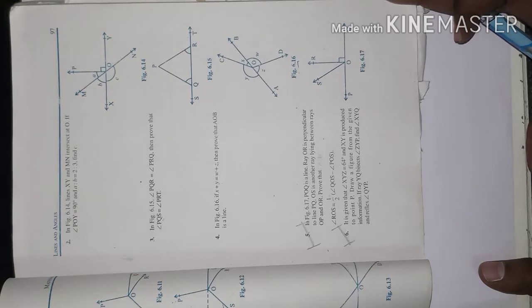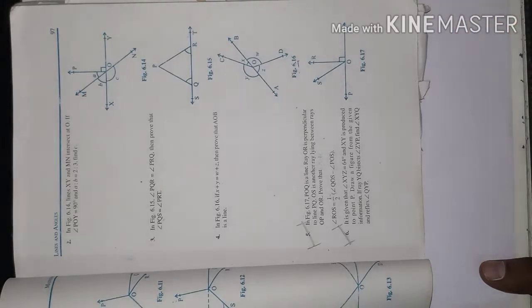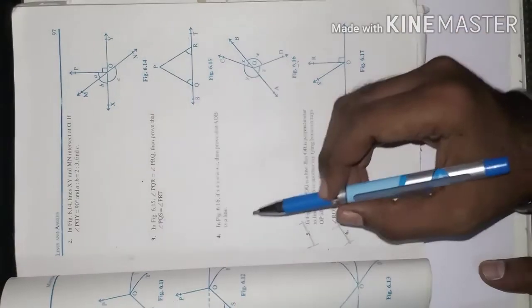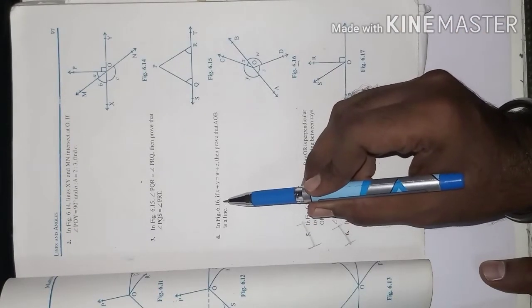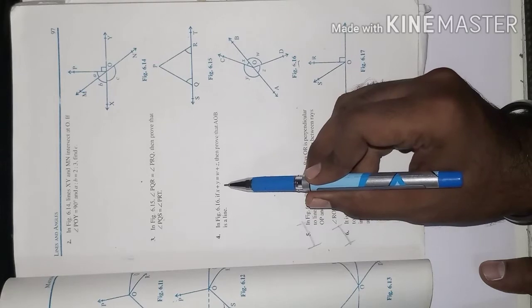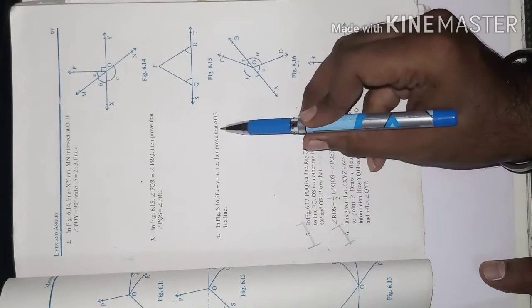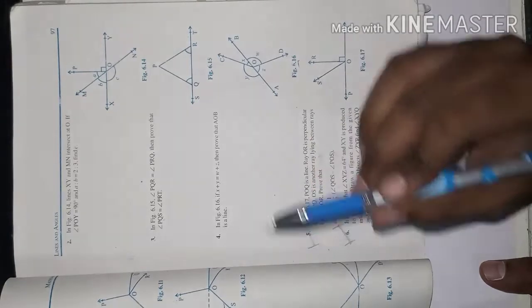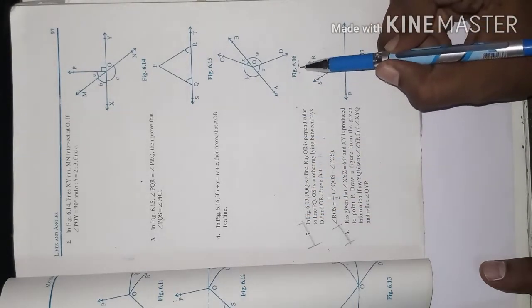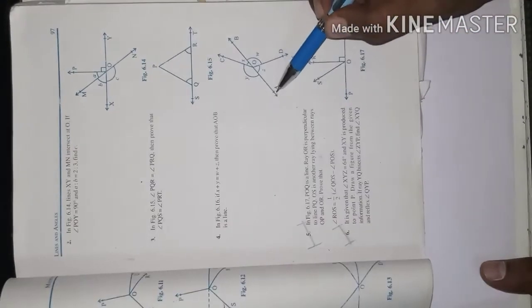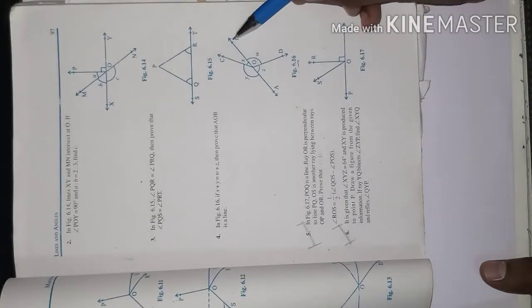So let us move to the next example, the fourth one. In figure 6.16, if x plus y is equal to w plus z, then prove that AOB is a line. Here is figure 6.16. AOB is a line, we have to prove it.